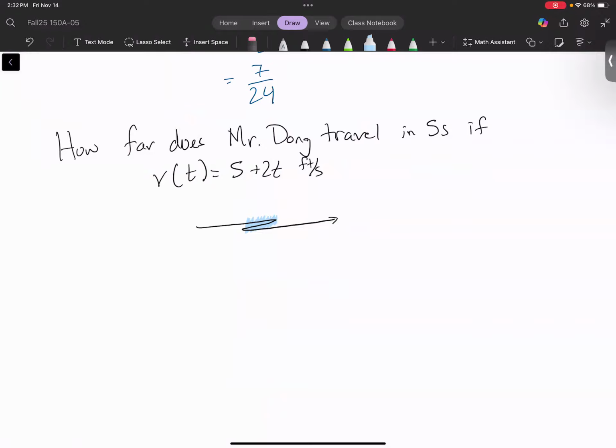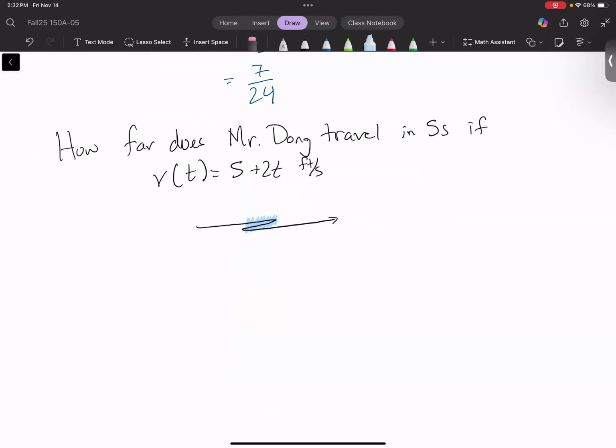I want to know how much distance I travel in total, which means I have to take into account all of the overlaps and things like that. So the way we fix it, we take the absolute value, just like we did with the area. The way we fix the negative and positive issue with the area is we took the absolute value, everything became positive, so nothing canceled with itself.